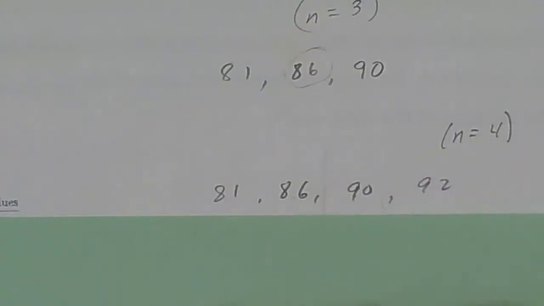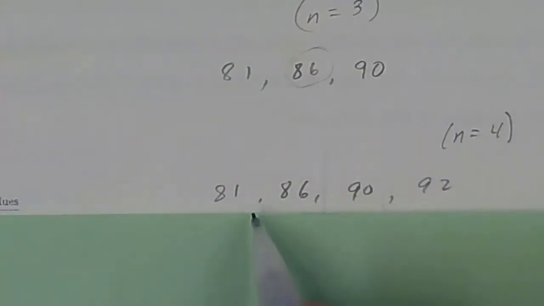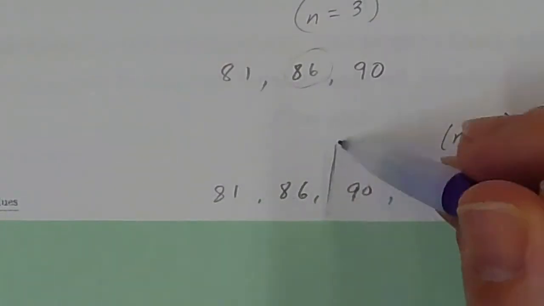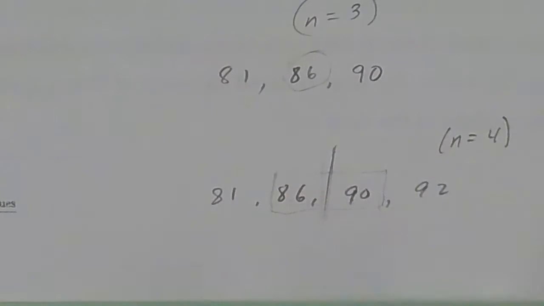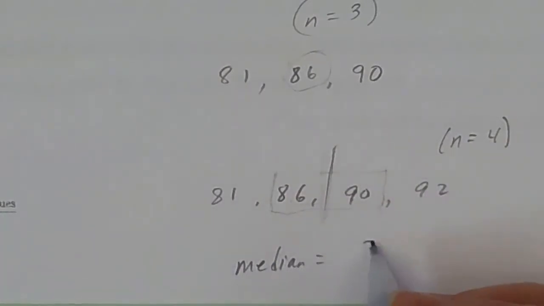When it's even, we don't really have a true number in the middle splitting this in half. We kind of have that invisible number that's going to split it in half, right? That line right there makes 2 on each side. So then we just got to find this median by averaging these 2 middle numbers, the 86 and 90. So the median would be equal to, for this small example, (86 + 90) / 2.